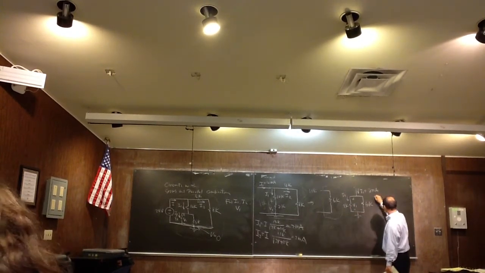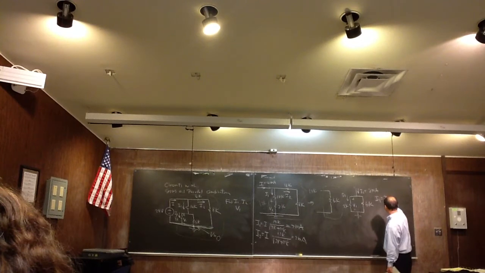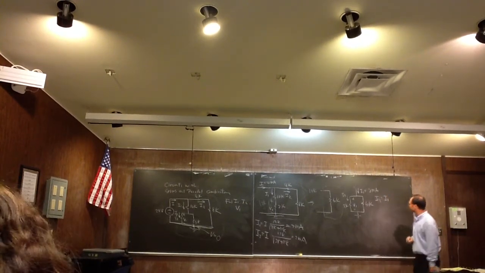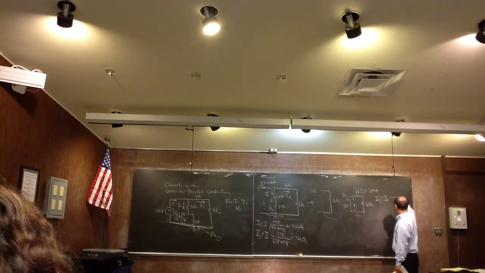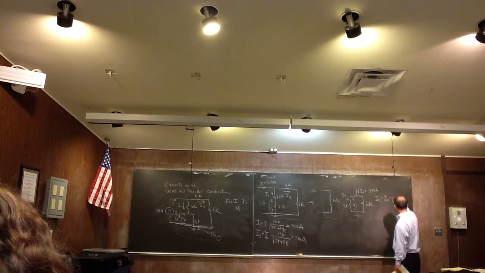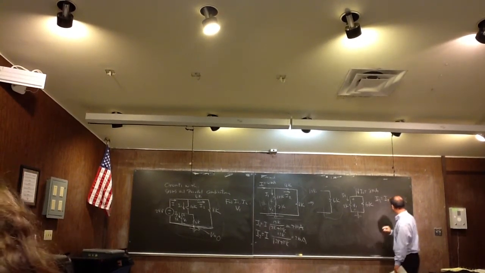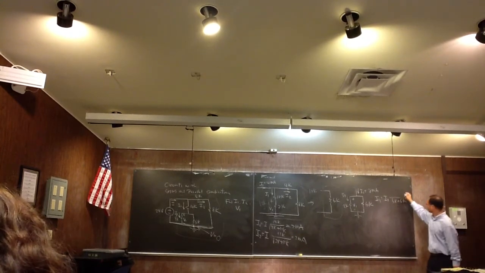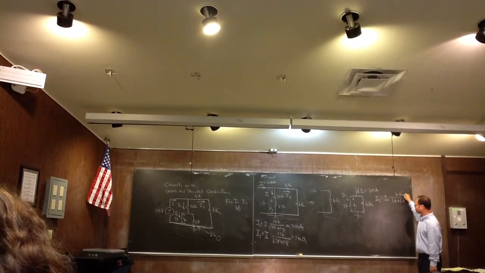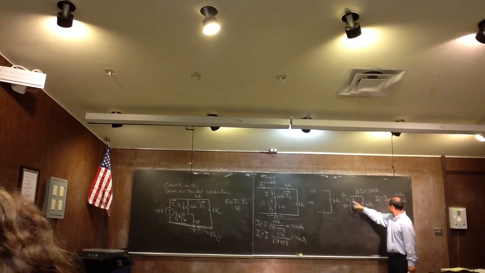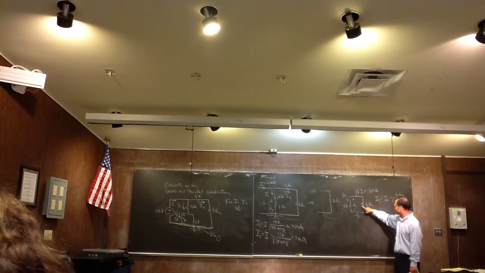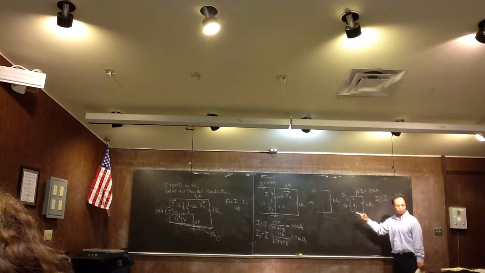So from the current divider rule, I3 is equal to I1 times 6K over 3K plus 6K, yes? Because if you are looking for the current in this branch, then this must be the resistance in the other branch.